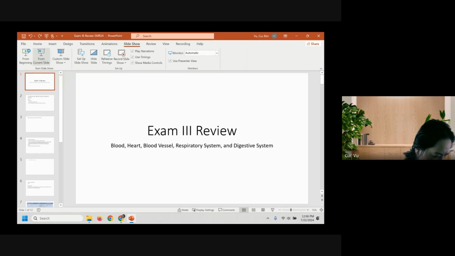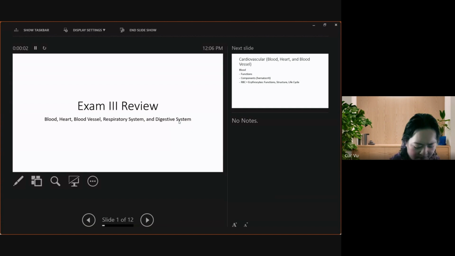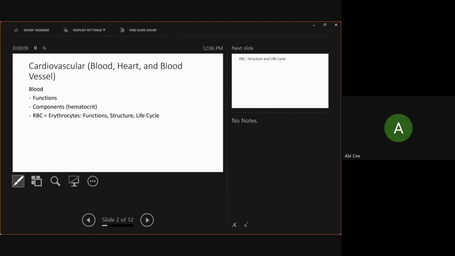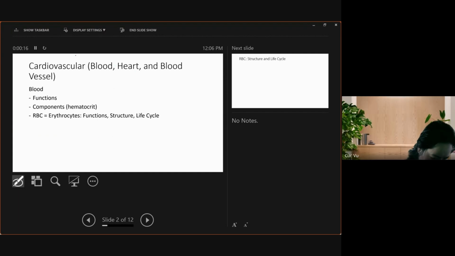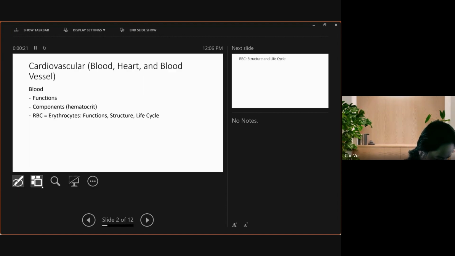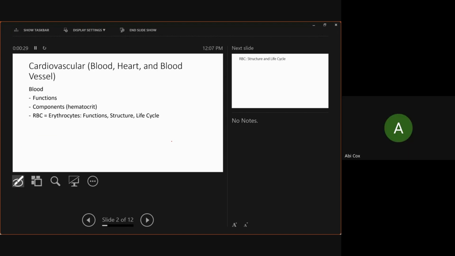Maybe hit that pin button on the bottom. I think it does. It's just in the past it didn't make me have to go into there. Right now you're seeing 3 boxes, a big one, and then on the right side it shows us the next slide. Yeah, that's fine. We'll make do with this.